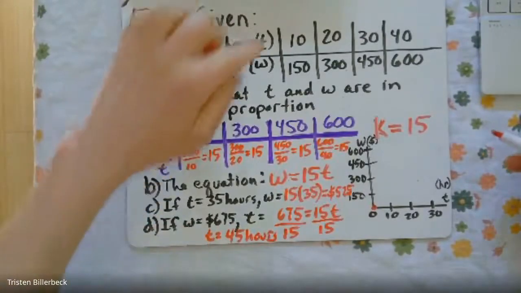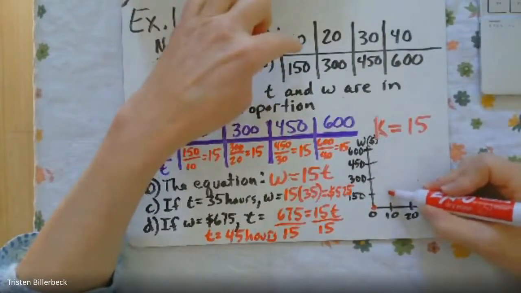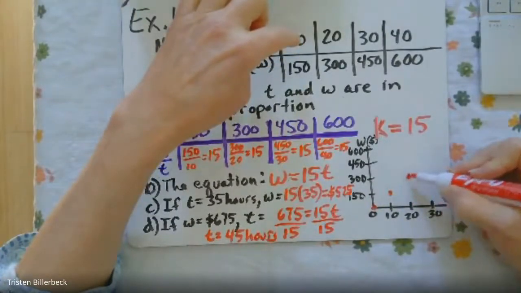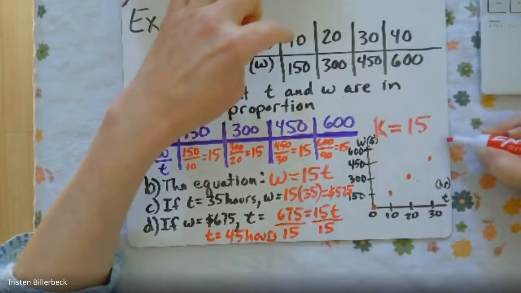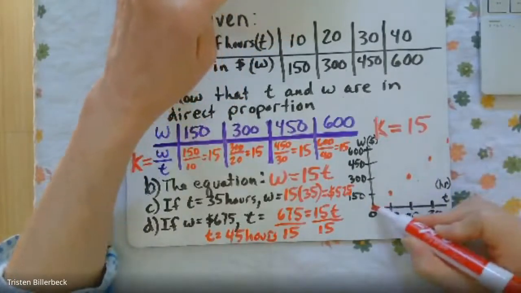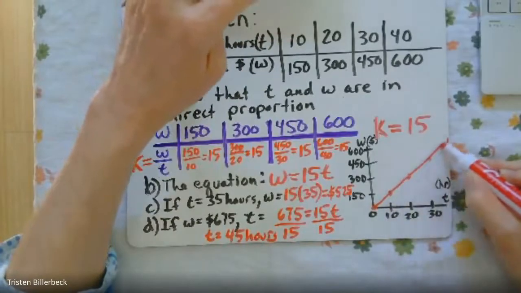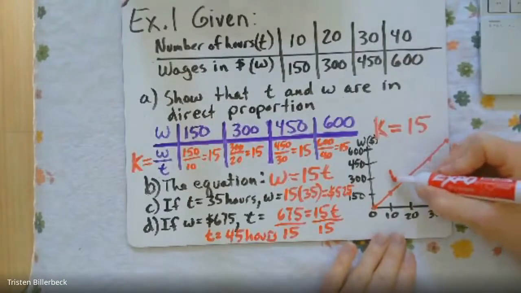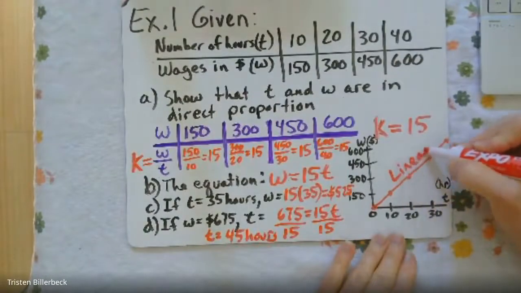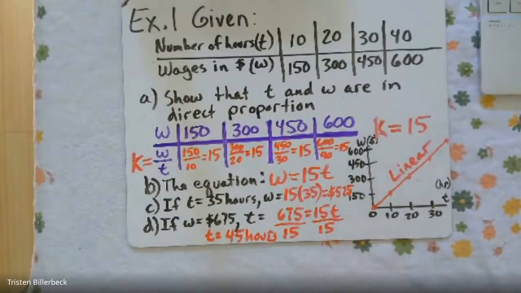So we have 10 at 150, 20 at 300, 30 at 450, and then this would be way off over here. So we do have a line, a linear relationship, and that's very, very important.